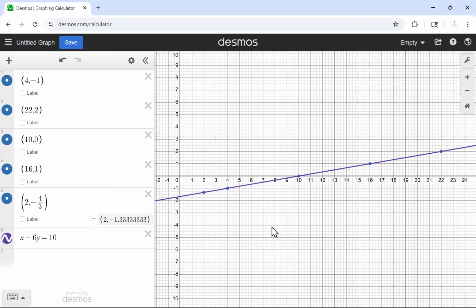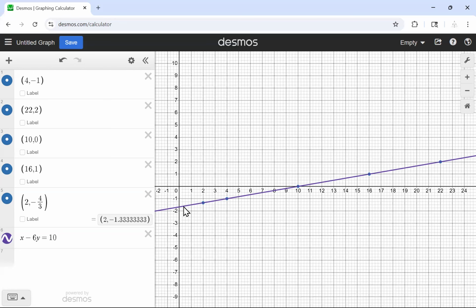So without even seeing that, this is the straight line. And then not only are these 5 points going to be in the relation, but every ordered pair on this line is going to make that equation true, and therefore every ordered pair is going to be in that relation.